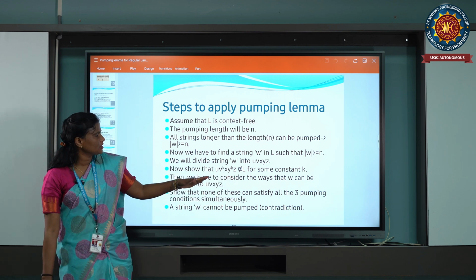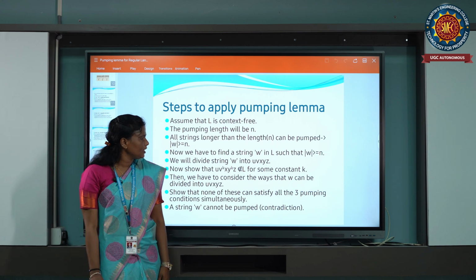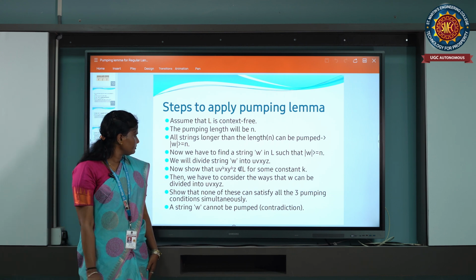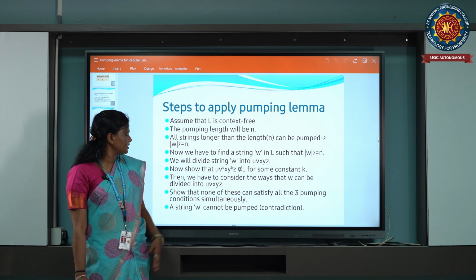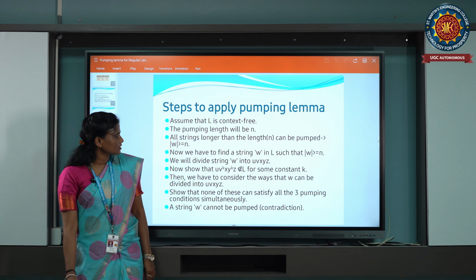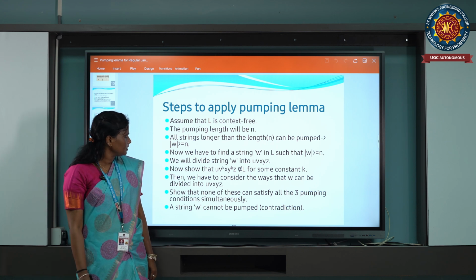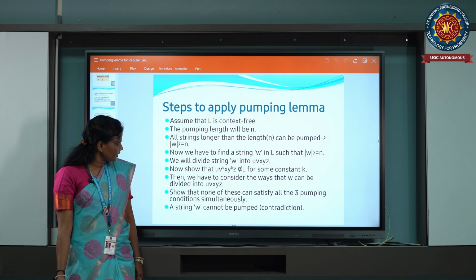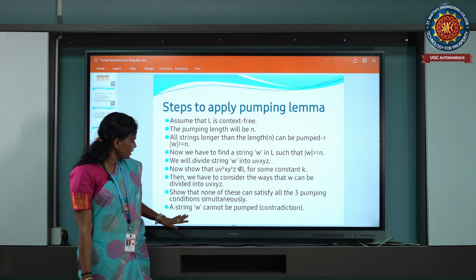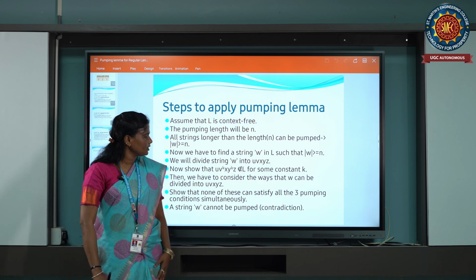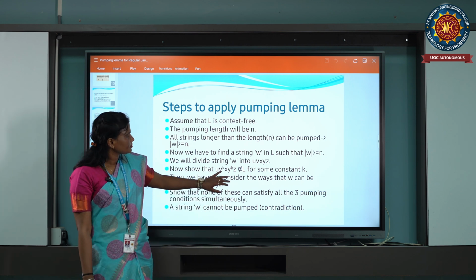Then we have to consider all ways to divide w into the parts u, v, x, y, z, so that none of them satisfy the three pumping lemma conditions. Then the string w cannot be pumped, which is a contradiction.